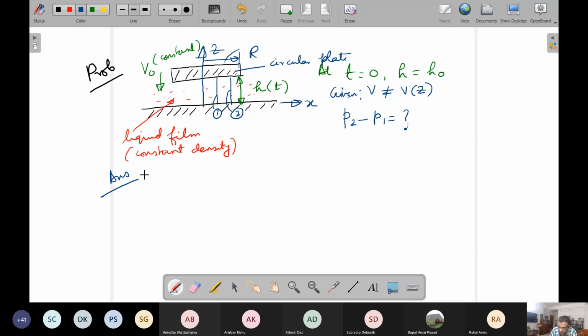To answer this question, we have to keep in mind that the first and foremost requirement of giving a physically meaningful solution is that whatever may be your calculation, it should satisfy the conservation of mass.